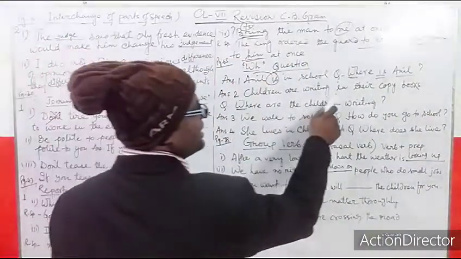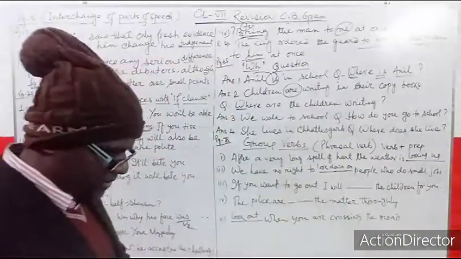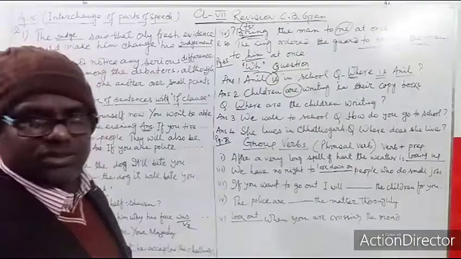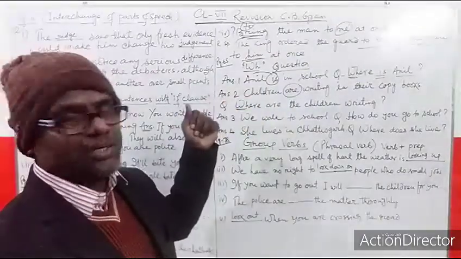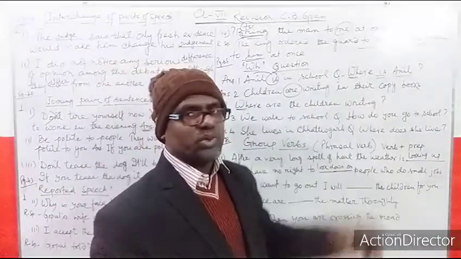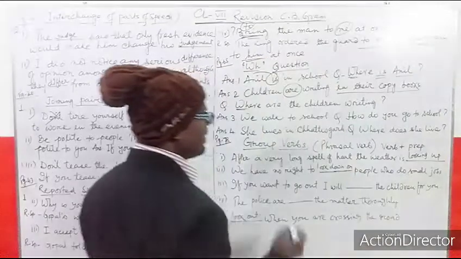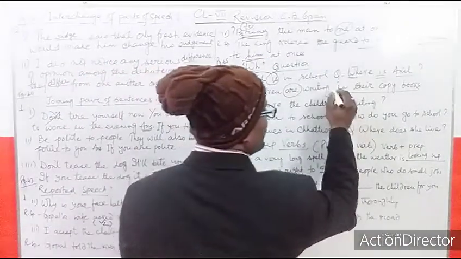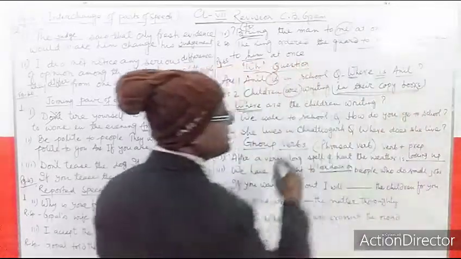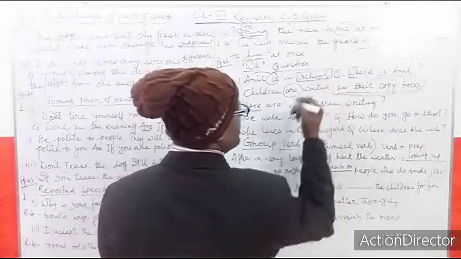Children are writing in their copy books. Here also a be verb, you can see. So here you have to ask a question with a WH word. They are writing in their copy books, so this is the place where they are writing. So you can write: where are the children writing? No need to write this part because this is the answer. Here also, Anil is in school. School is the answer.